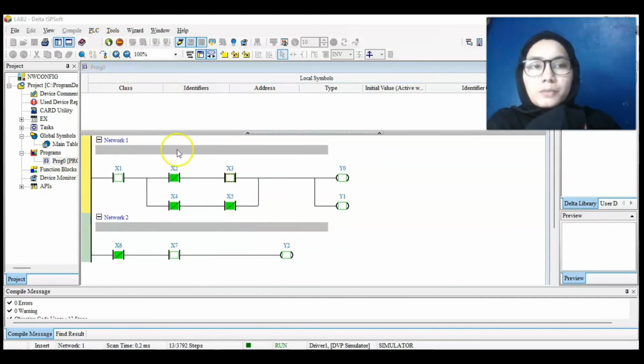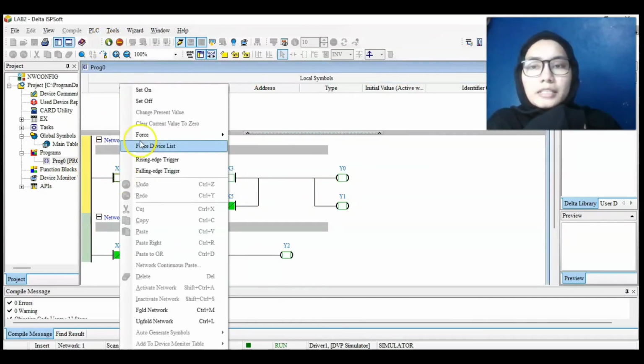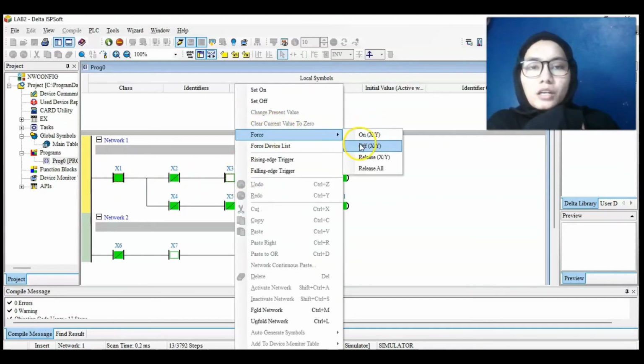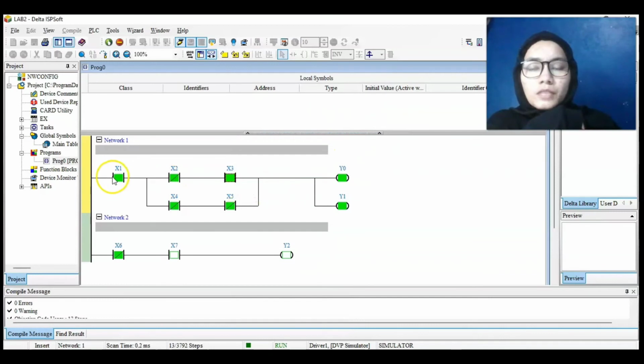When I run the program, if I force X1 on, the outputs Y0 and Y1 will always be on. If I also make X3 on, Y0 and Y1 are also always on.